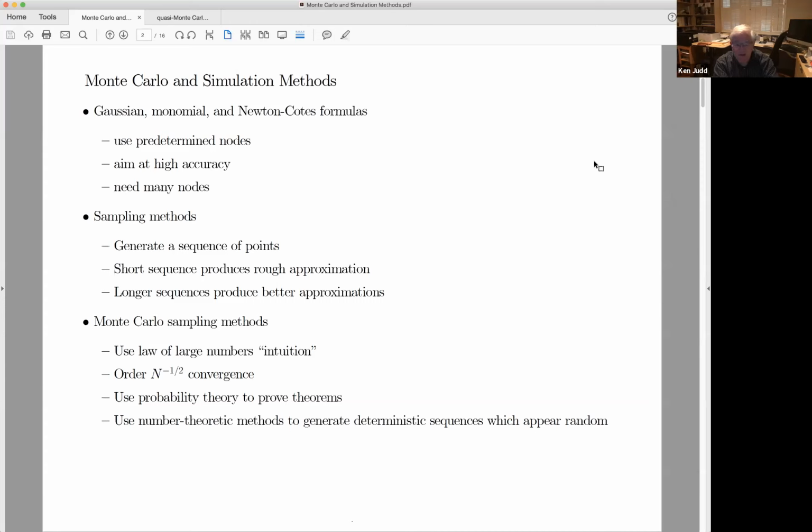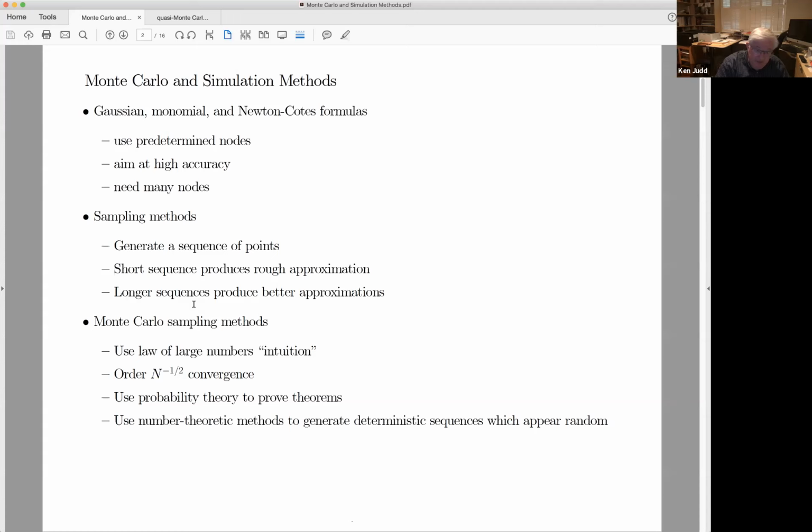All that means is solving it. So you've got to be careful about this jargon. But quadrature means exactly what we talked about in the first part of this lecture. Now, all of those methods, the Gaussian, the monomial, the Newton-Cotes formulas, they use predetermined points. You aim at high accuracy, but you need many nodes.